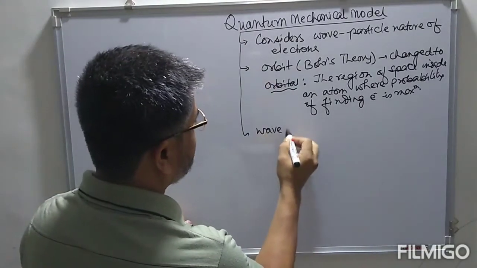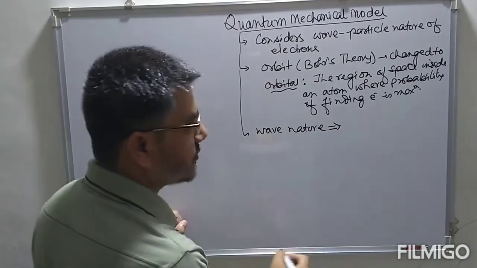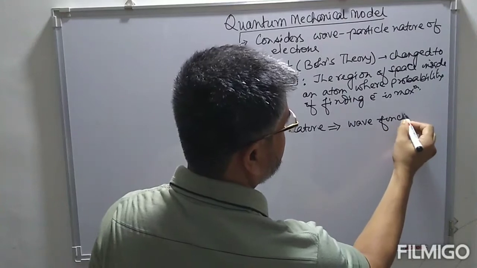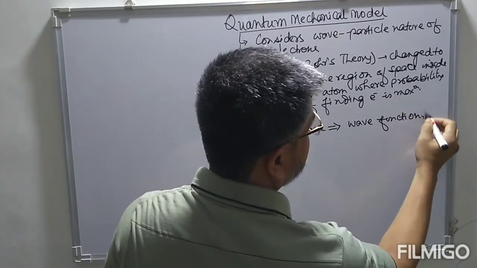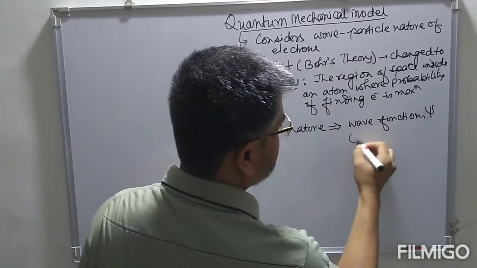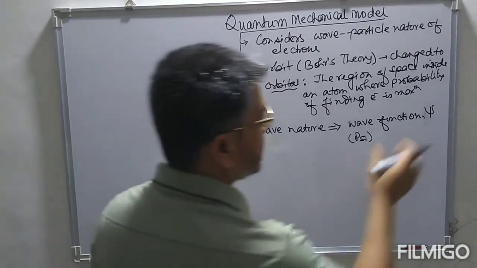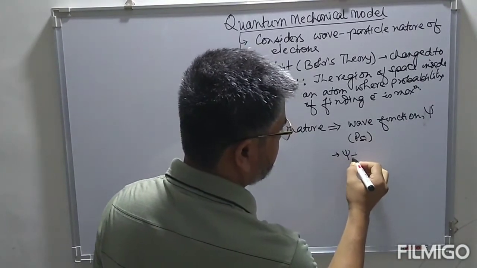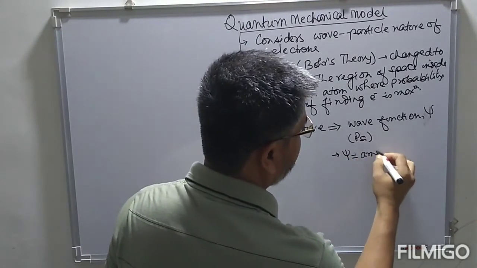Wave nature is defined by a term known as the wave function, pronounced psi. This wave function psi represents the amplitude of the wave.